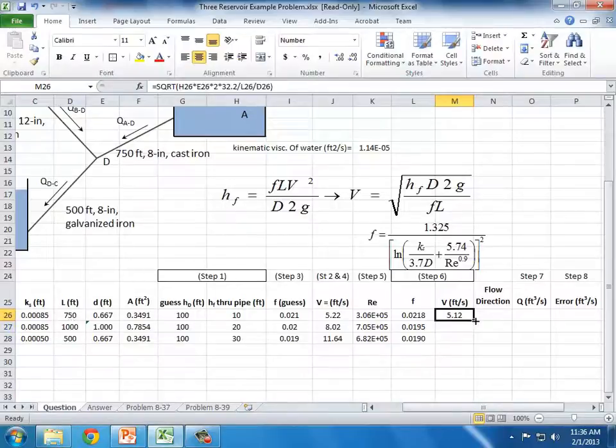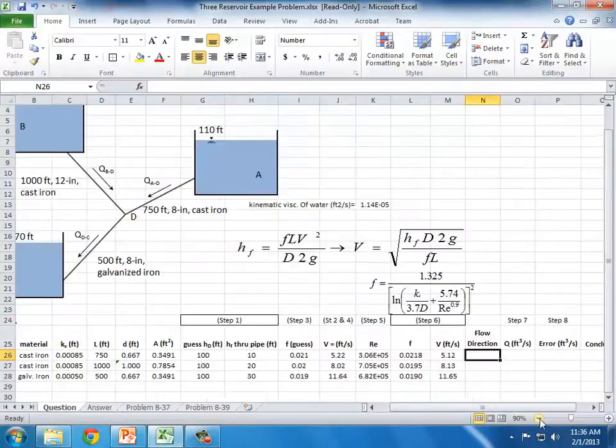Our velocities didn't change all that much, but they changed a little. Okay, by flow direction, what we want to do is identify if the flow is going into the junction or out of the junction in each of these rows.